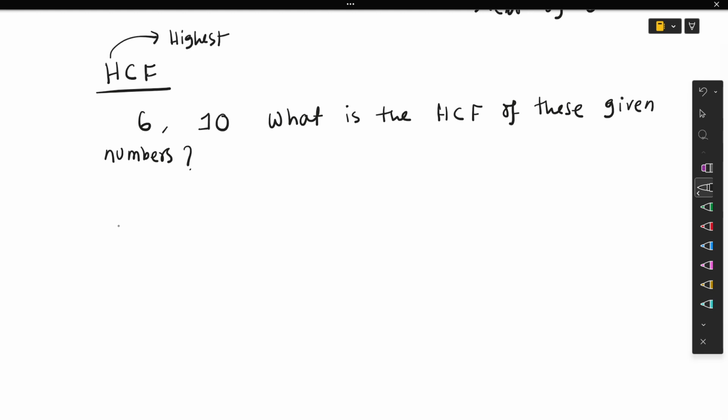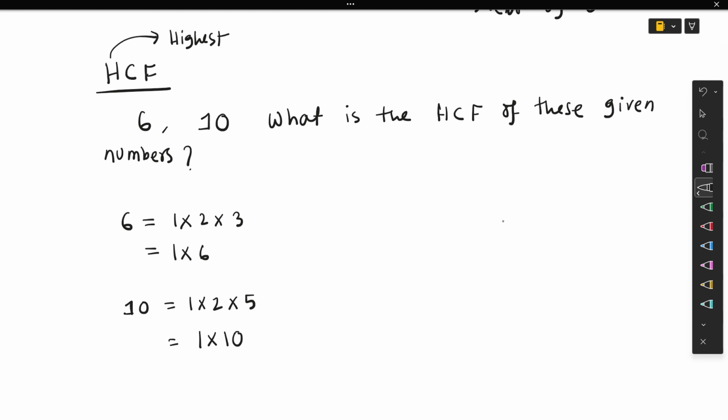So if you break 6, you get 6 is equal to 1 times 2 times 3. Okay, so this is the combination of 1 times 6. Okay, and here 10 can be written as 1 times 2 times 5. Therefore it can also be written as 1 times 10. Okay, now what are the common values which exist in both 6 and 10?